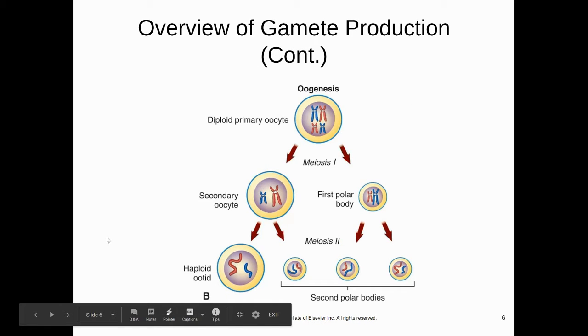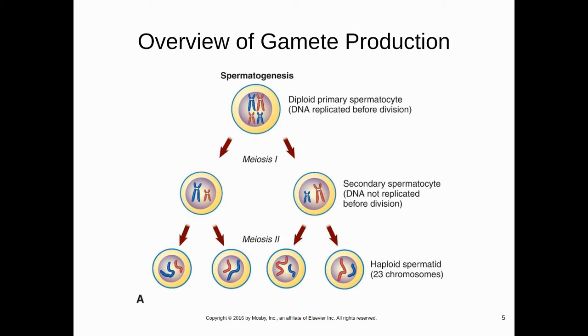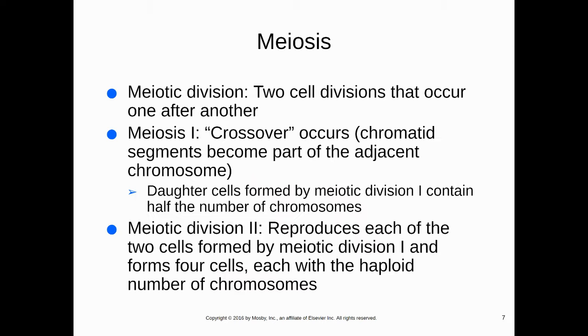we only get 1 egg, which is again why whenever women go through oogenesis, a lot of times we don't have as many. Usually most people think that if there's a fertility issue, it's the woman, and it kind of makes sense because you only get 1 egg per 4 sperm. Okay. So essentially what we have here within meiosis is going to occur with 2 different cell divisions.